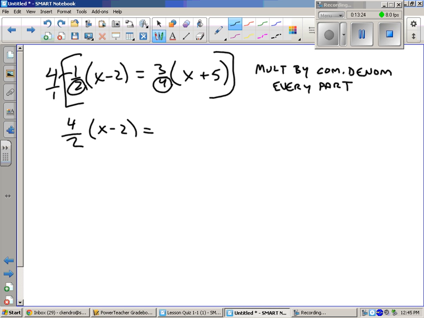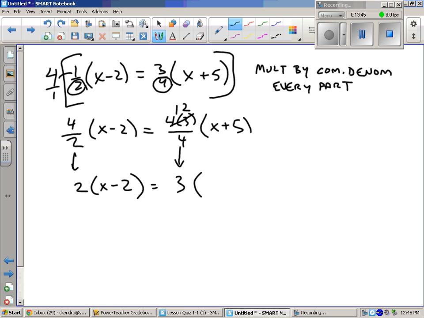And then this, multiply this by 4, I get 4 times 3/4, and then x plus 5. In fact, I'm just going to change that to 12. So now 4/2 here is really just 2. Over here, 12/4 is really just 3. And so now this becomes a very simple equation. So now I'm going to distribute: 2x minus 4, and here 3x plus 15.